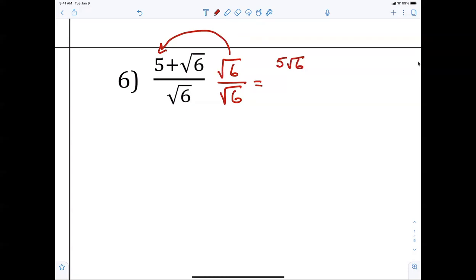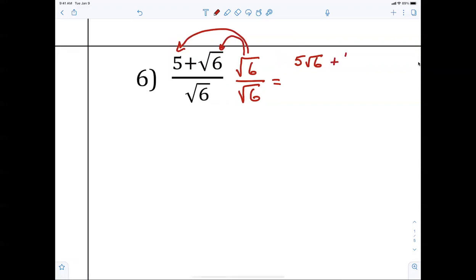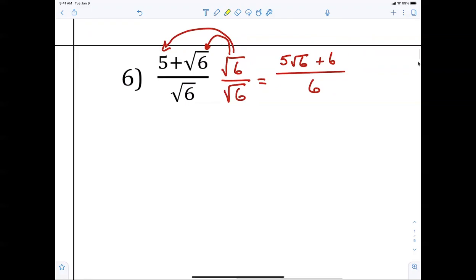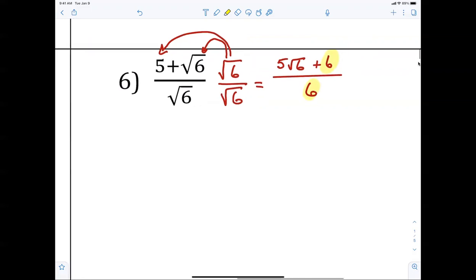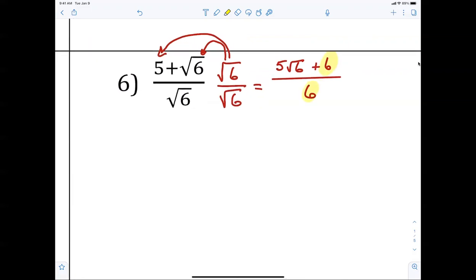Now, everybody's going to tell me radical 6 times radical 6 is just what? 6. All over 6. Now, my question to you is, can I reduce this 6 and this 6? Things bounded by addition and subtraction cannot be reduced.